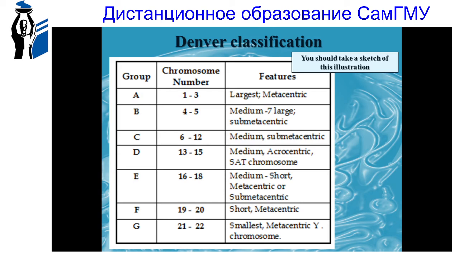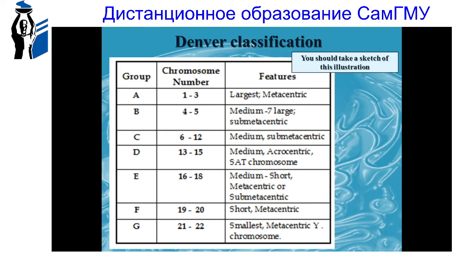Group D, chromosomes from 13 to 15, large acrocentric chromosomes. Group E, chromosomes from 16 to 18, includes short submetacentric chromosomes. Group F, chromosomes from 19 to 20, small metacentric chromosomes.